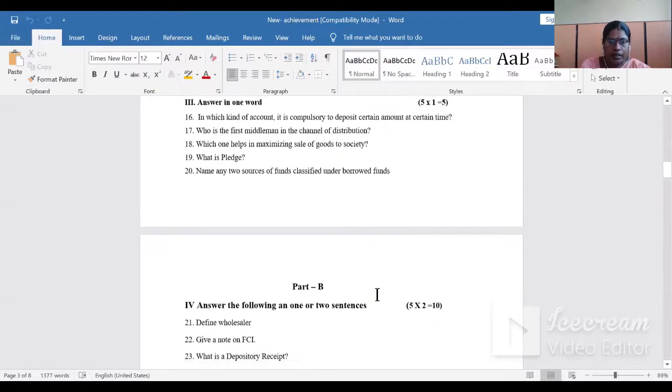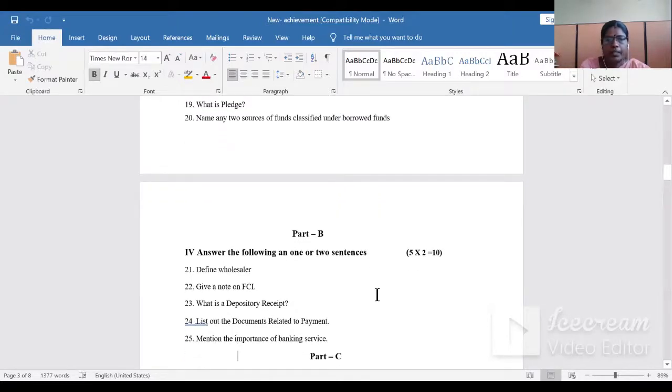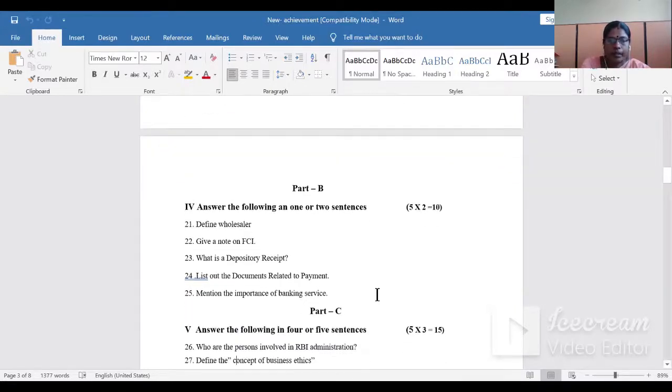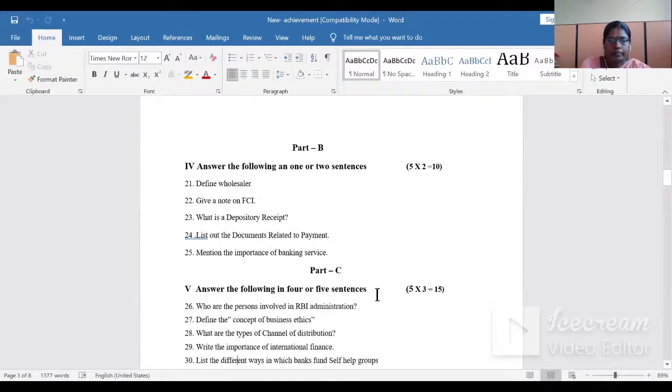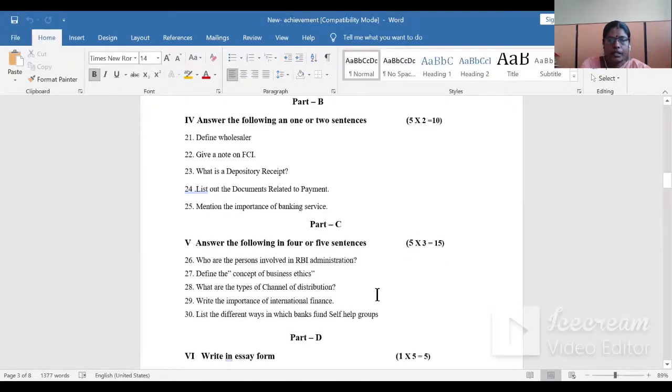And next one, Part B, very short answer. The answer is 1 or 2 sentences. 5 into 2, 10 marks. And Part C, 5 questions, each one carrying 3 marks. 5 into 3, 15 marks.